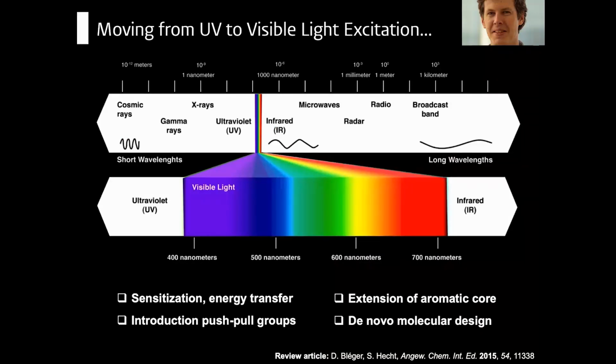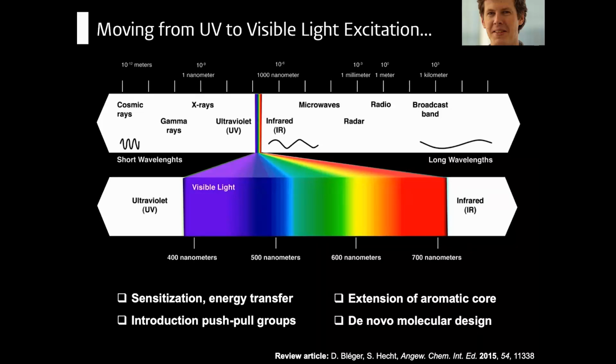So lastly, I would like to comment a little bit on the irradiation wavelength. In the examples I showed, we used high energy UV light, and for biological applications, it would be beneficial to move more to the visible light region or maybe even the near IR region. There are different strategies that you can use for that, and we've also worked on these strategies.